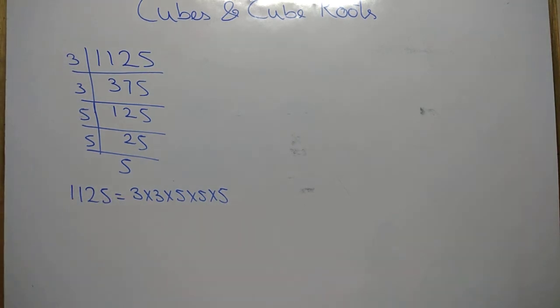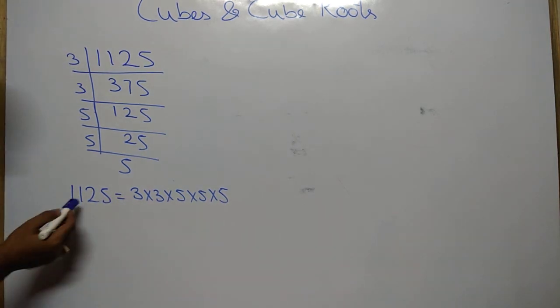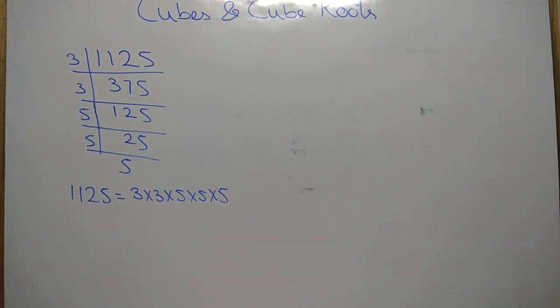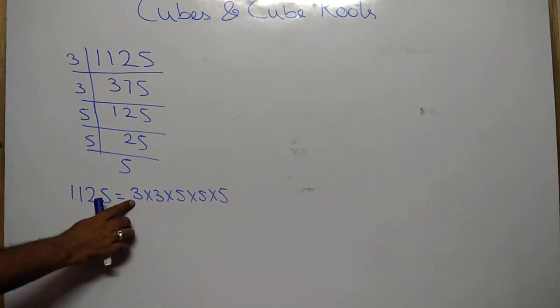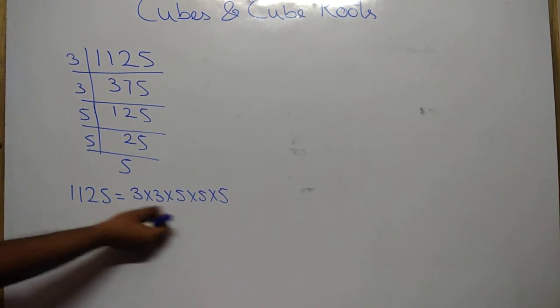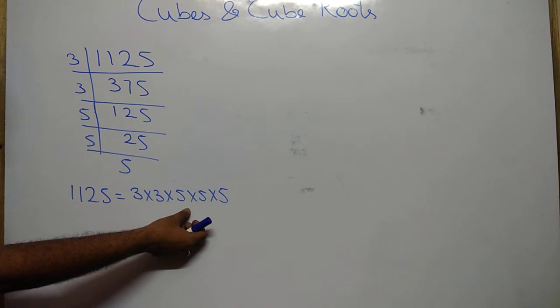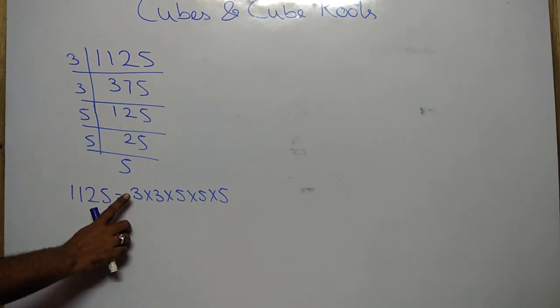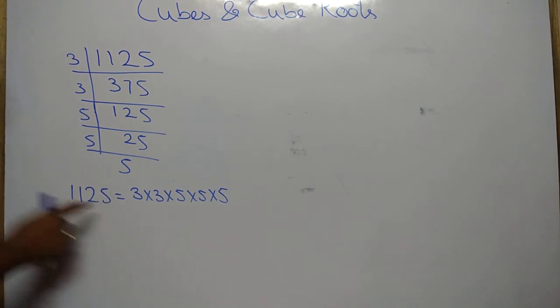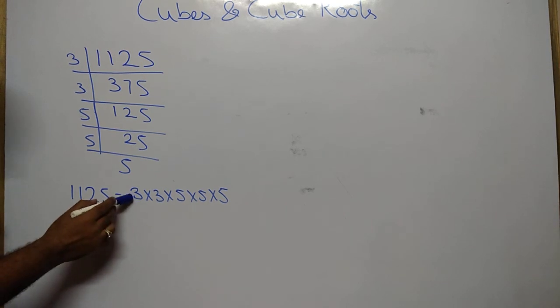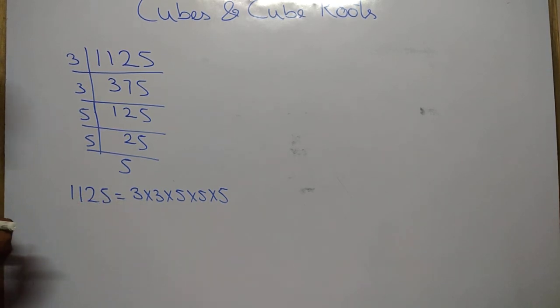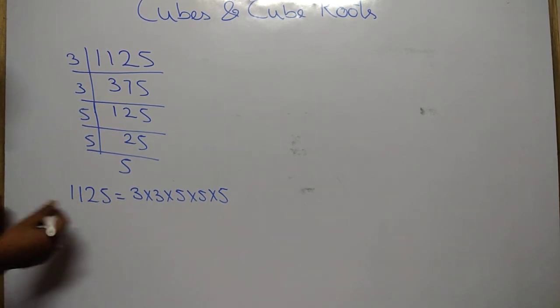Here what we are observing is that if we multiply this number by 3, then we have a group of three 3s, and we already have three 5s. So only if we multiply it by 3, so that we have one more factor of 3, is the number a perfect cube.